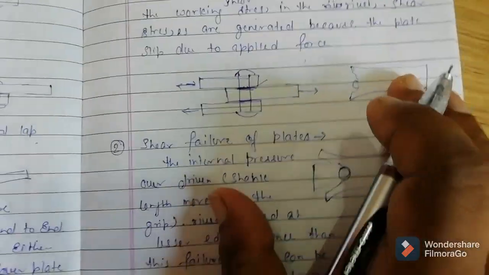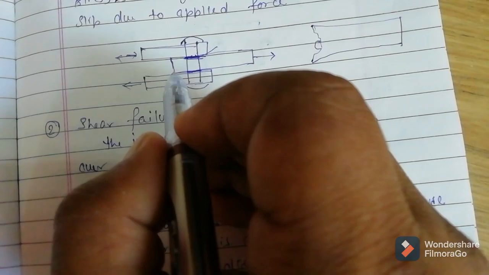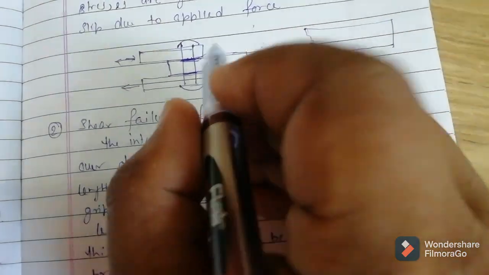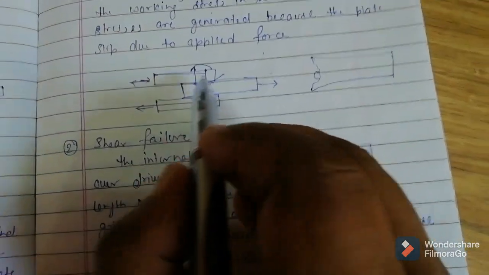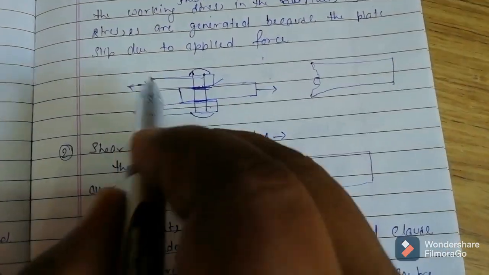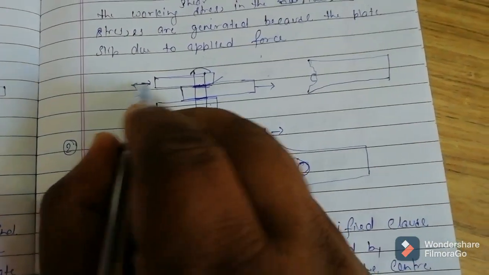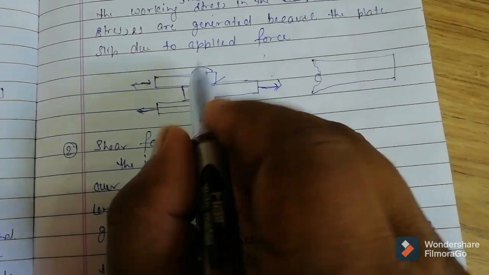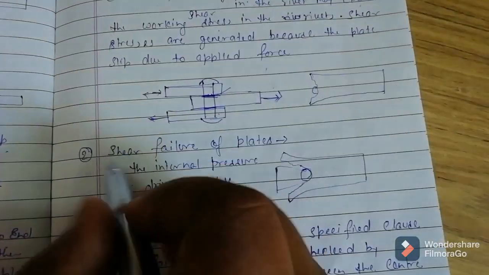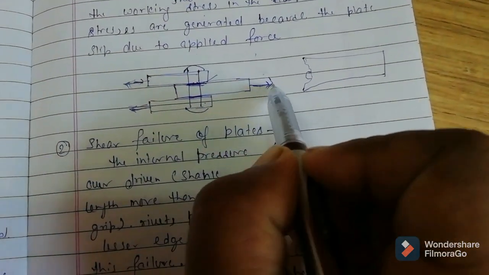Okay, let's assume this member is connected. This is your lap joint. See that the force is applied here, a tension force on the member in this direction and in this direction.